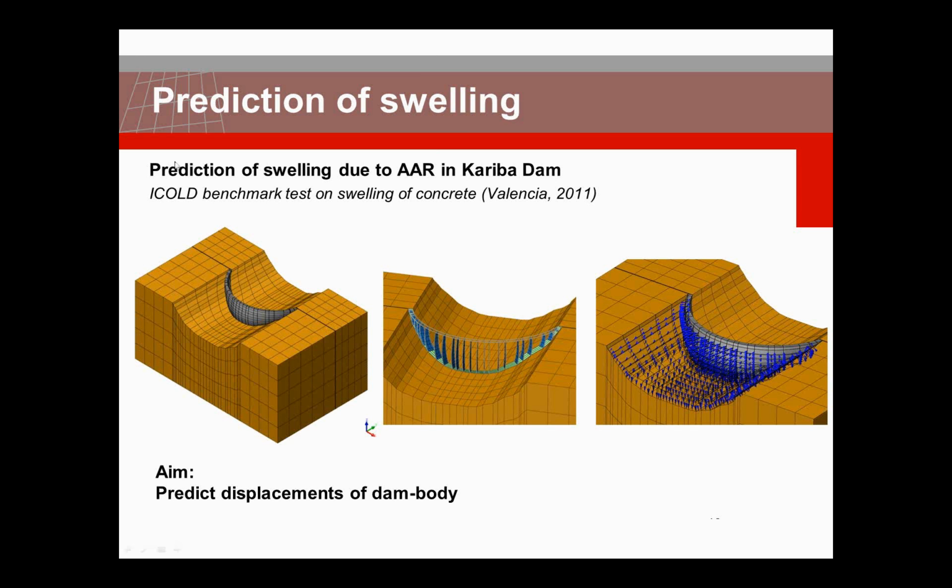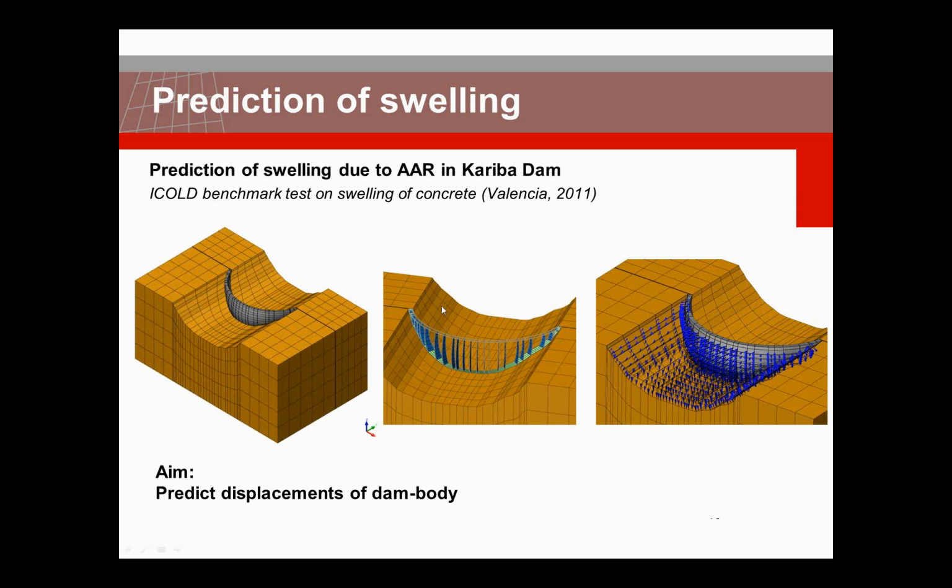So the topic of this benchmark is the Kariba Dam in South Africa. You see the model here, and the aim was to predict displacements and check the effect on stress distribution in the dam as a result of these changing properties of the dam as a result of AAR or ASR.